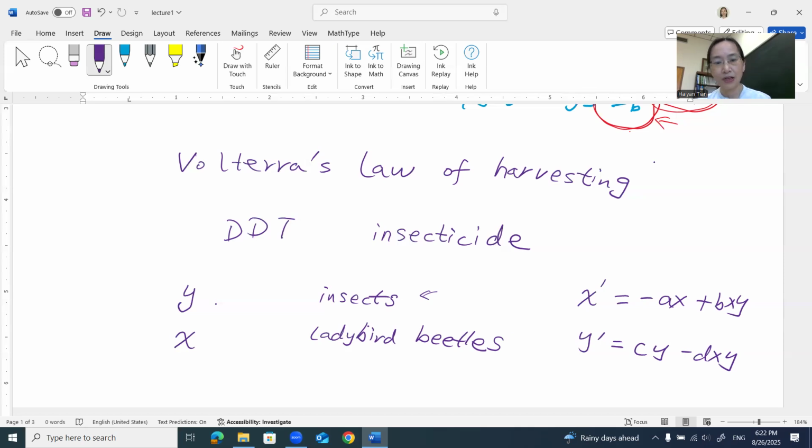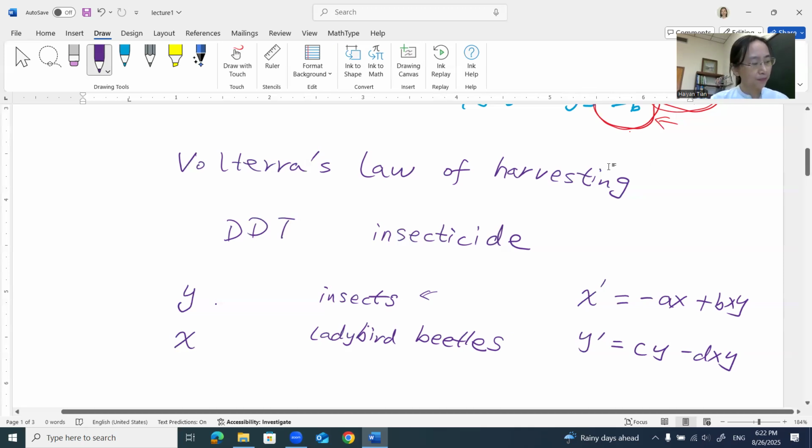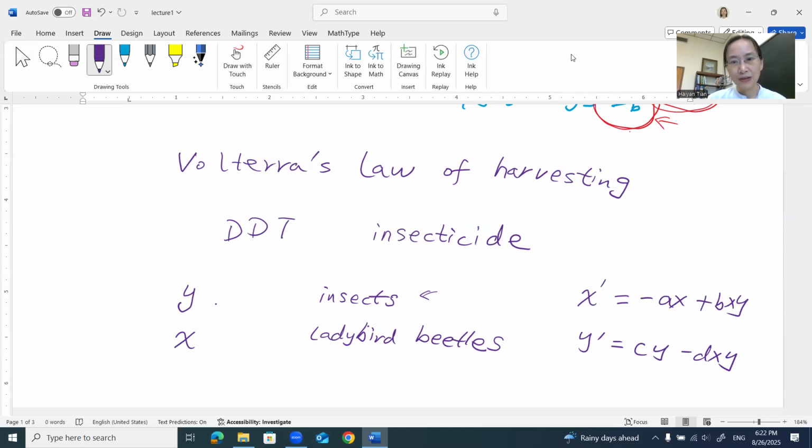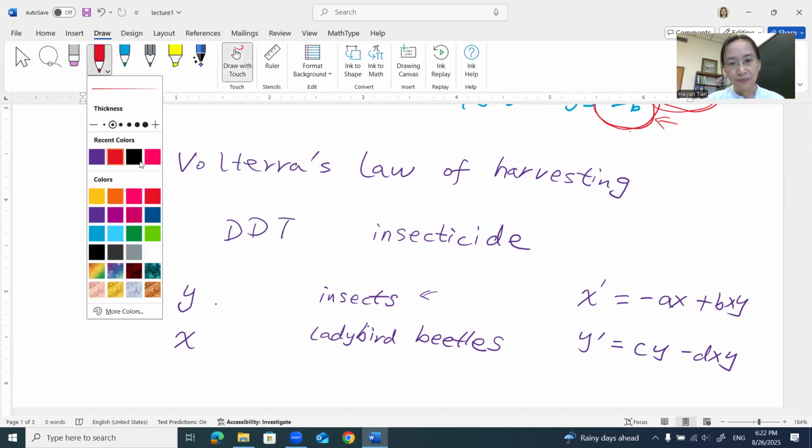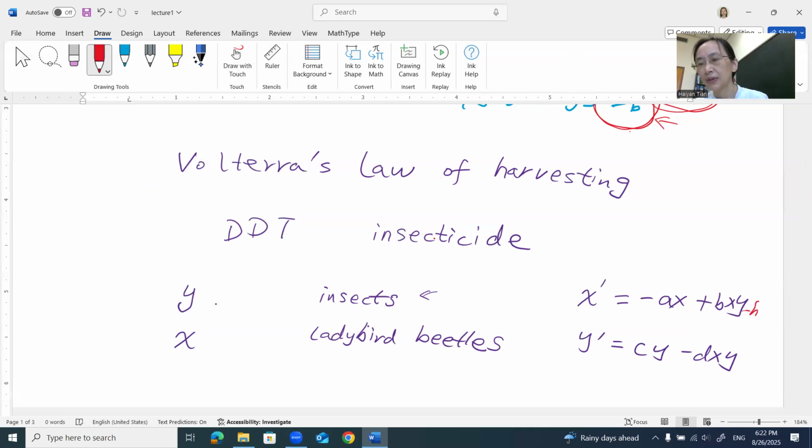They will kill without differentiating insects and ladybirds. So they kill both. So that means we have a term that we have to include, which is harvesting. So I'm going to write H1.